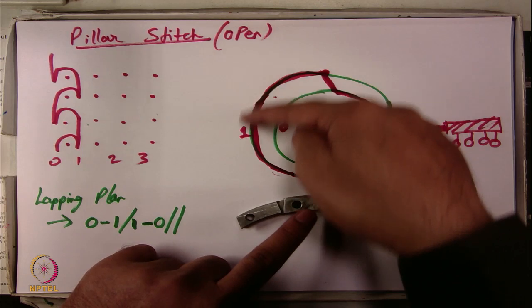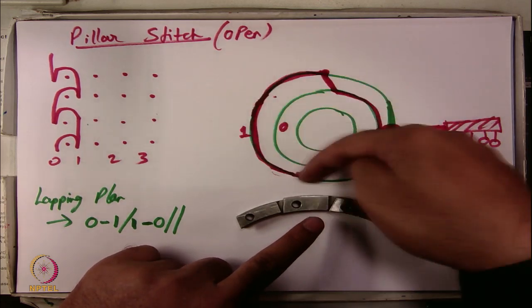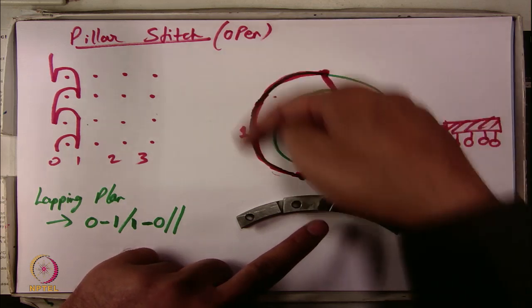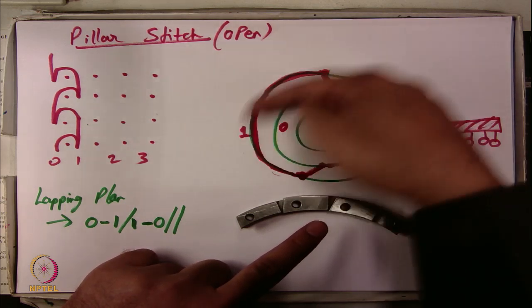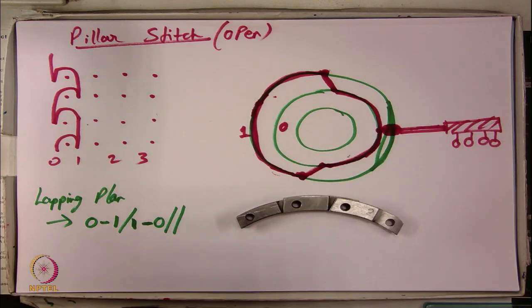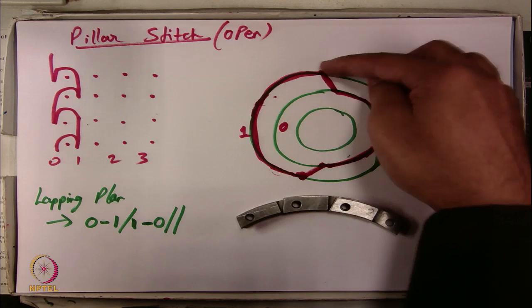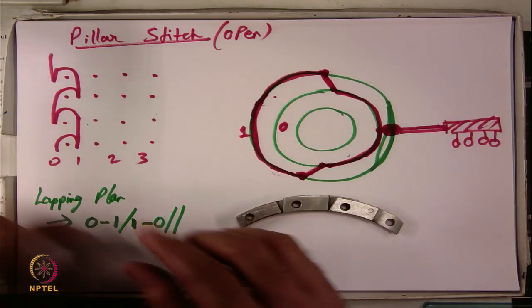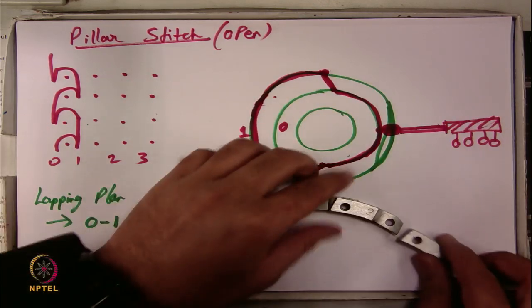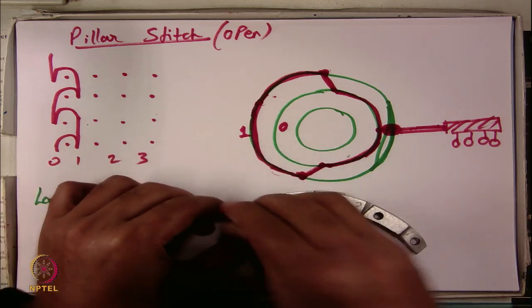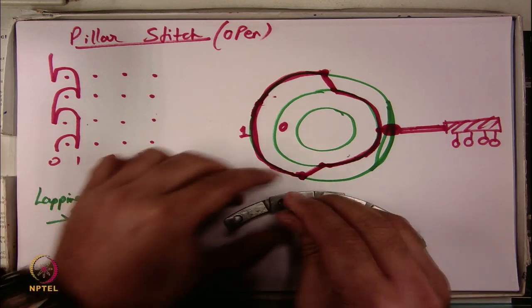You can see there is a lot of continuous swinging motion, and because there is no underlap, it is just like a stop motion for the guide bar, okay. Only swinging is happening, no shogging motion due to no underlap. Once this is done, then 1 to 0, and I can put it in sequence.